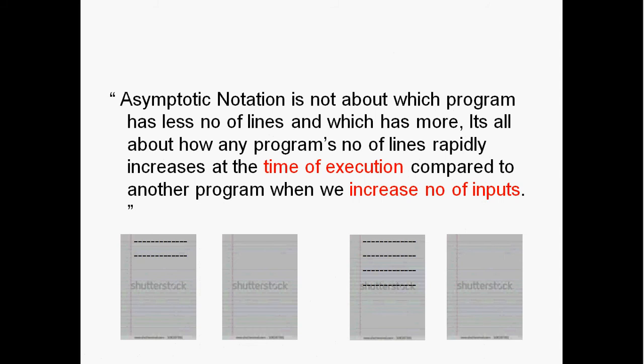It means, if I show you one program with 2 lines and one program with 4 lines, it's not that the program with 2 lines is more optimum. After the execution, how many lines are executed, and with the increase of the number of inputs, how this number of executed lines increases, that is more important. So be focused on this. The concepts will be clear if we focus on this. Okay, let's see.